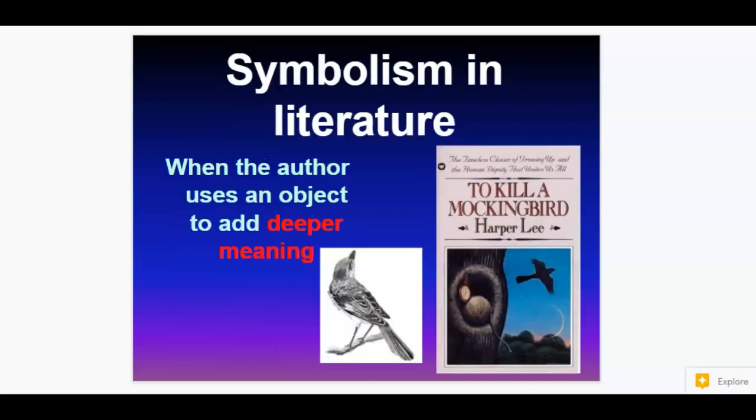Okay, so how about in literature? To Kill a Mockingbird, about half of you read that last year. When the object is used as a deeper meaning, the mockingbird symbolized innocence. It brought song, obviously, to life, and it doesn't hurt anyone.